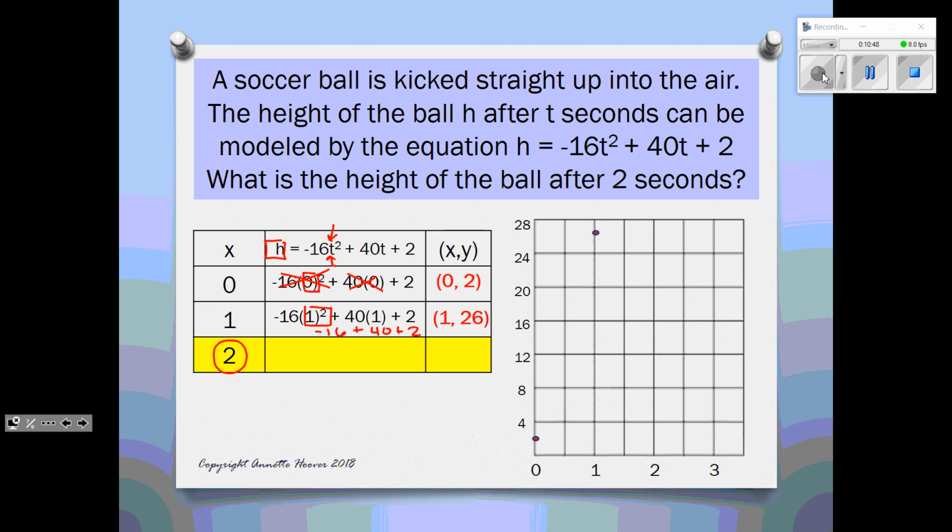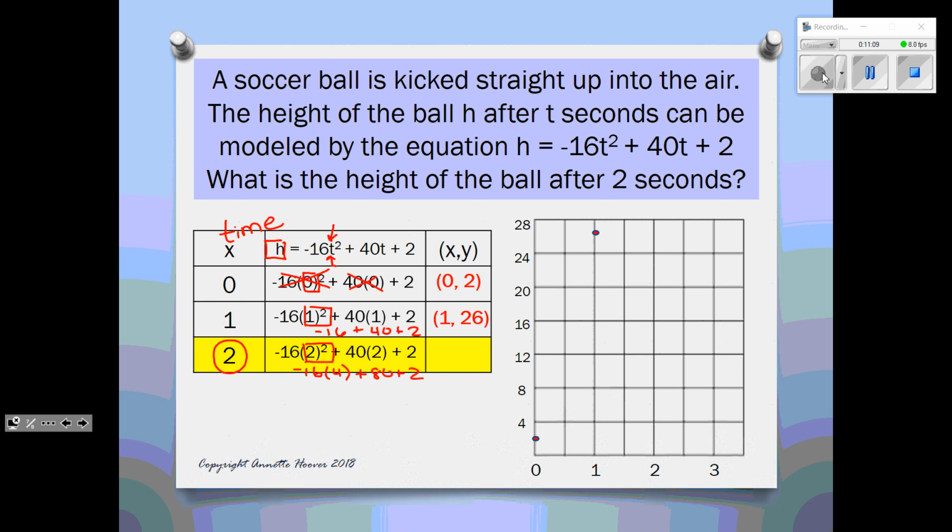If we plug in 2, now remember the x is representative of the time. This is the time, so this is how many seconds. So after 1 second, and here's after 2 seconds, so 2 times 2 is 4. So we have negative 16 times 4 plus 80 plus 2.